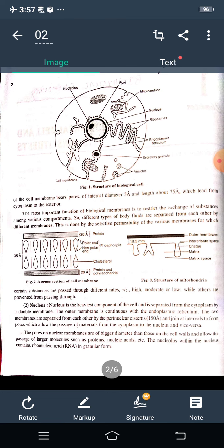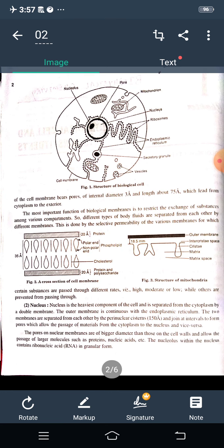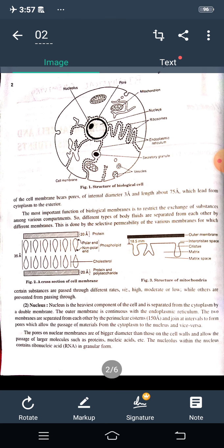This is done by selective permeability of the various membranes, for which certain substances pass through at different rates, that is high, moderate, or low, while others are prevented from passing through.